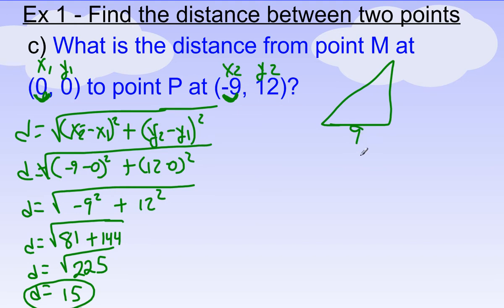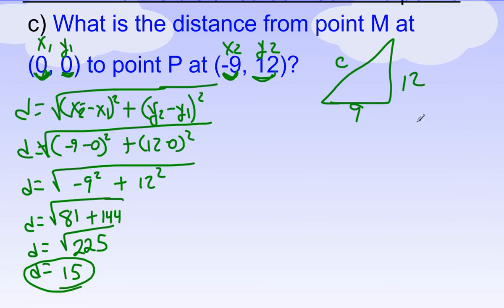Notice the distance is always positive, 9. And the distance between here and here is 12 units, so this would be your missing piece. And then you do your 9 squared plus 12 squared equals c squared. See? That's that step right there.